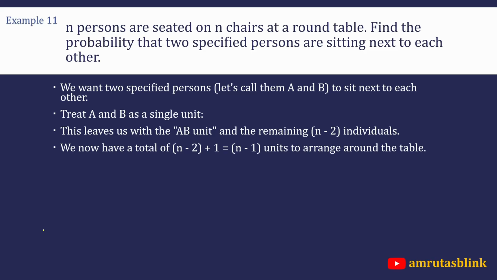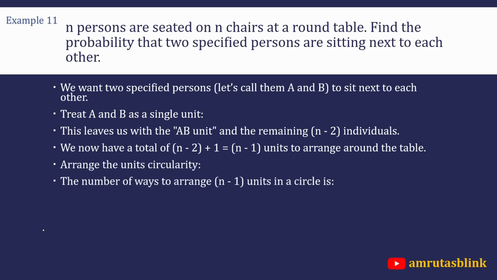So we have to arrange remaining 18 people, and these two people we have to consider as one single unit. So 18 plus 1, that's why here it is in terms of n. So first of all we will subtract 2, and then this AB unit we have to add 1. So n minus 2 plus 1, that is ultimately we need to arrange n minus 1 units around the round table. Now in how many ways we can arrange these units?